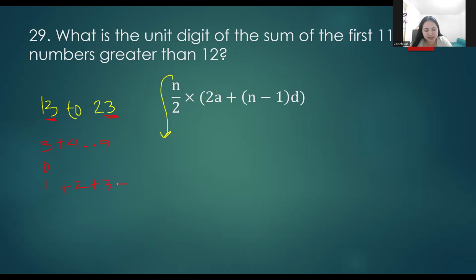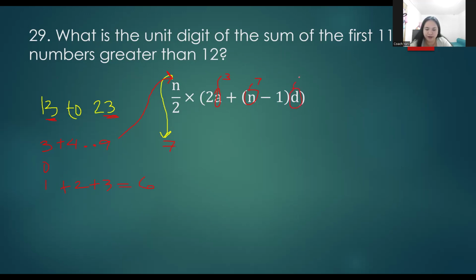So here you can easily add this one to 6. For this one, you can use the formula. So n here is 7 because there are 7 numbers. A here is 3 because the first term is 3. This is 7. And the common difference again is how much?